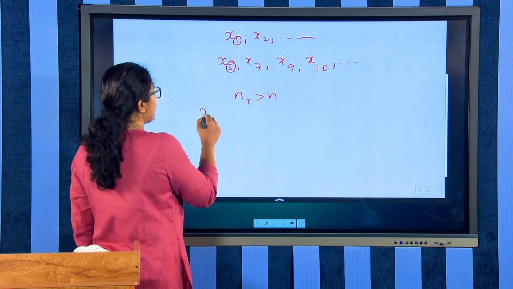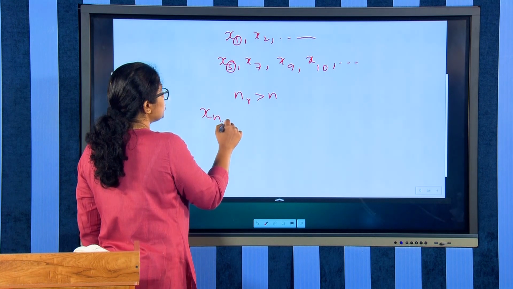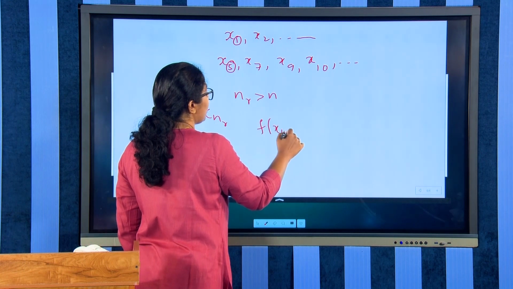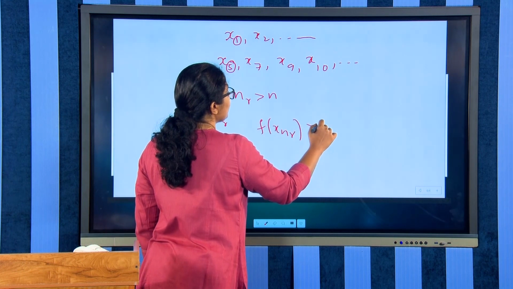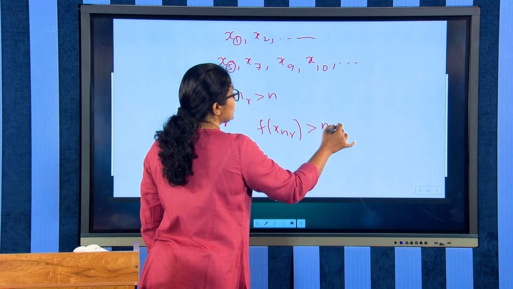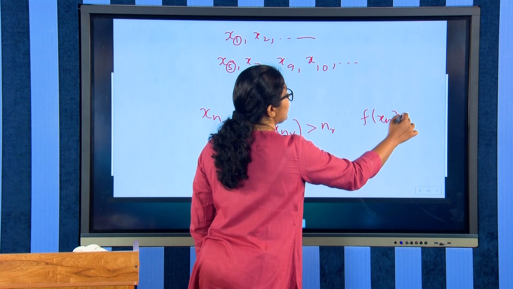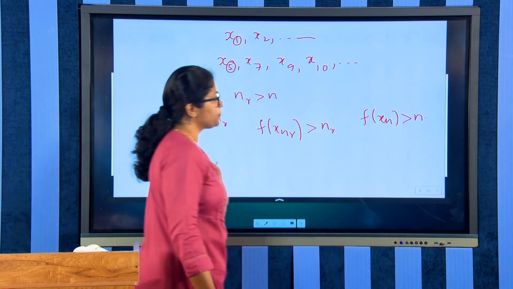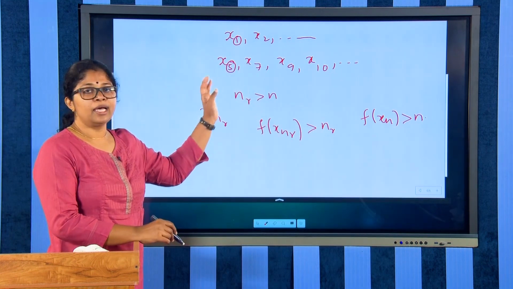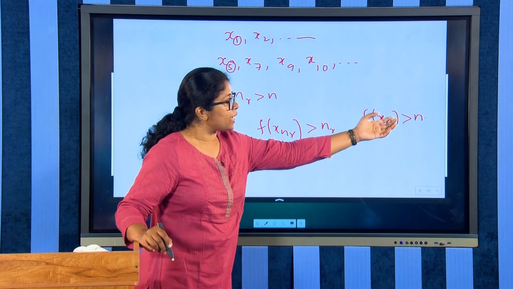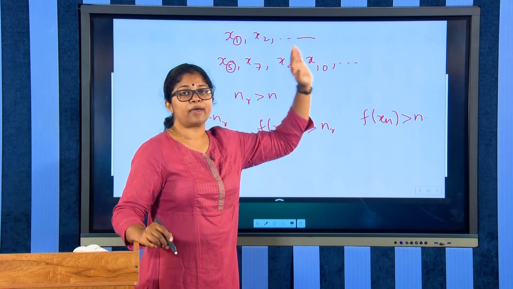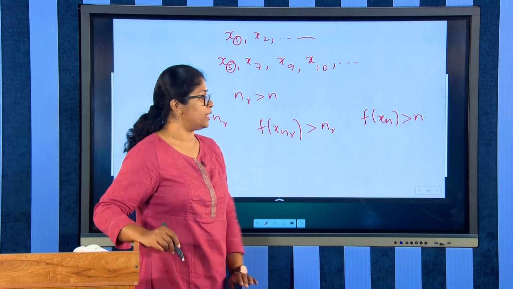So, you have your xnr such that f of xnr is greater than nr, which is greater than n, because your f of xn by assumption was greater than n. This follows from the result that f of xn is greater than n. We have established by our assumption that f is unbounded.